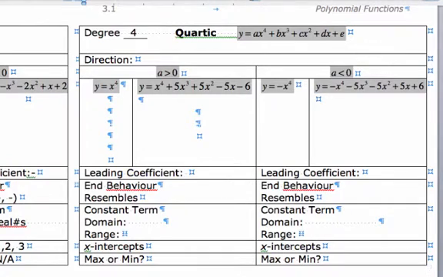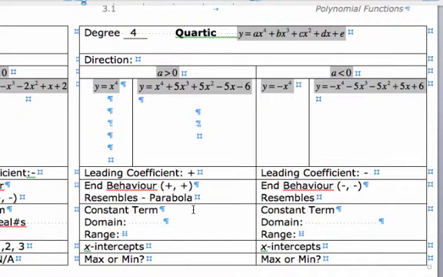For example, this left side here is my positive leading coefficient, so my end behavior is going to be positive, positive. If it were a negative leading coefficient, I would have the end behavior of negative, negative. It resembles a parabola, or a quadratic function.